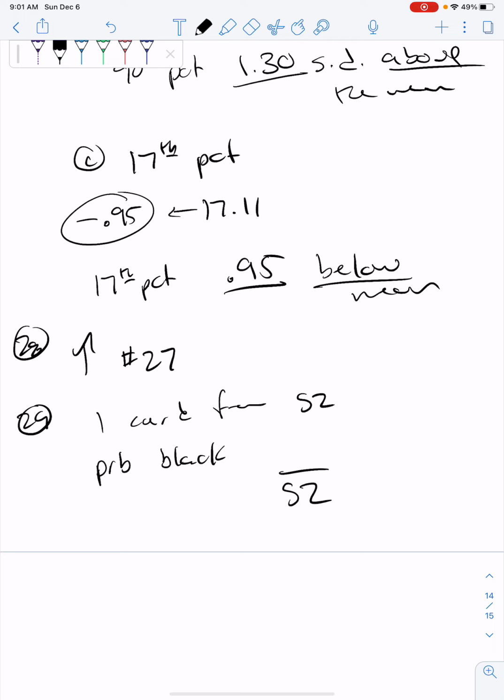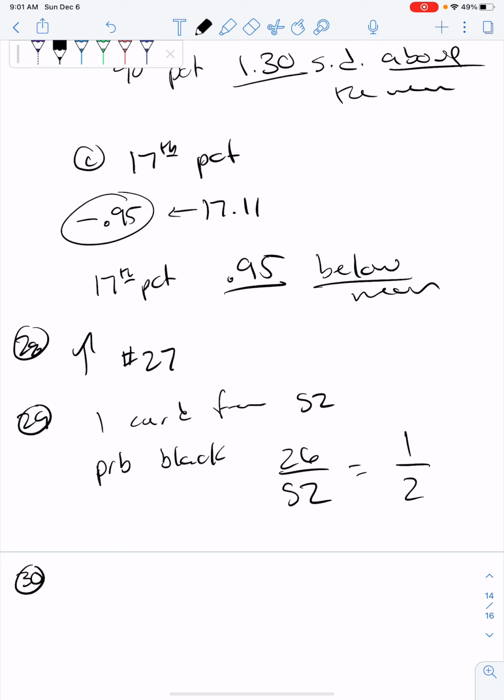So there's 52 cards. How many of them are black? 26 of them. So my probability is 1/2. Don't put it in as a decimal. Put it in as a fraction. It's not going to be happy with a decimal answer.